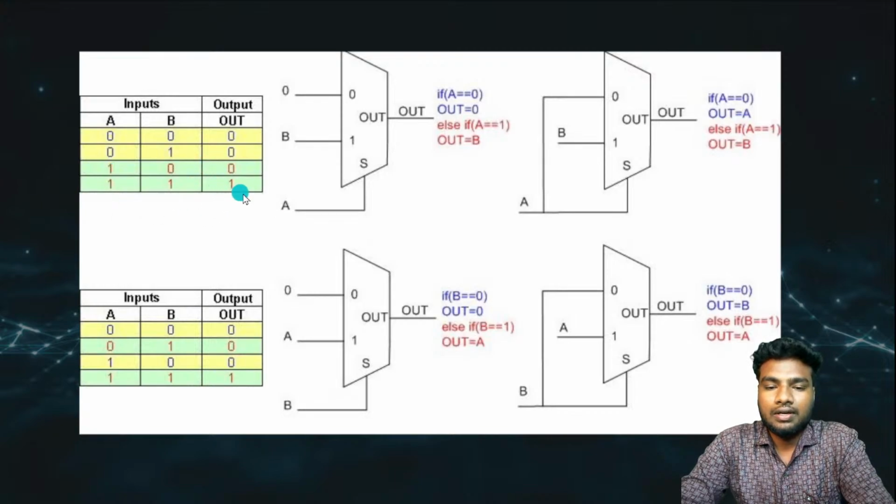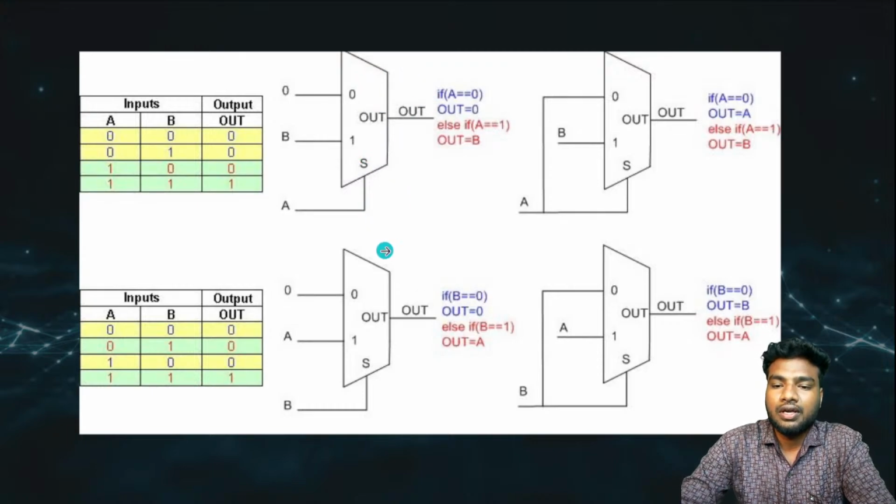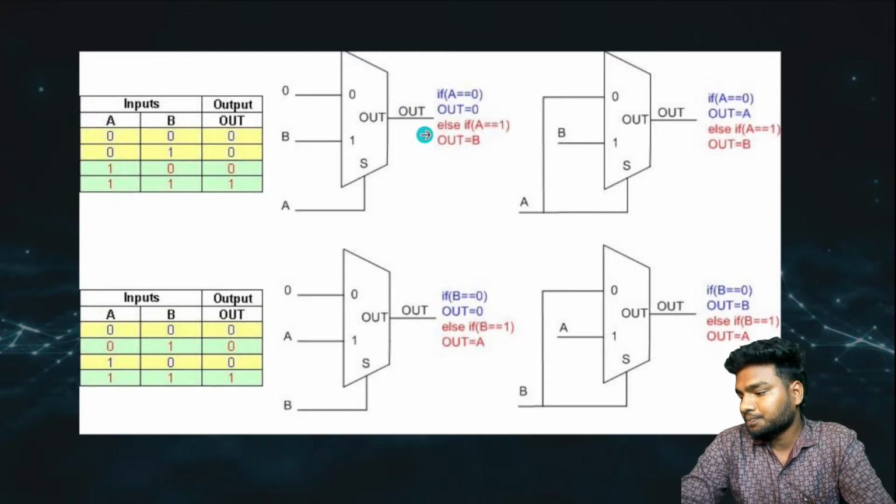You can notice here the output takes the same value as B, whatever value B has. For 0 1, it gives the same thing as output. So we can pass the B value for the second input. I'm assigning B as the output of the mux. If I choose A equal to 0, it will choose here and you will get the output of 0.